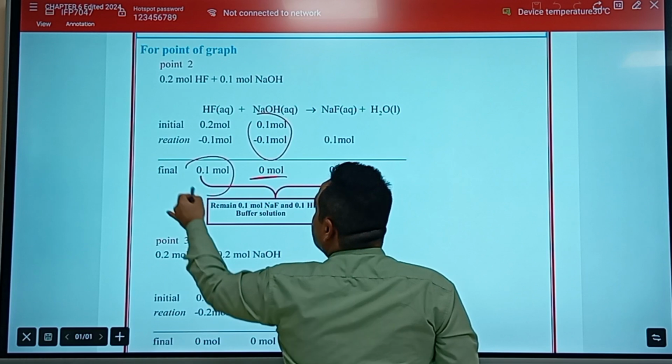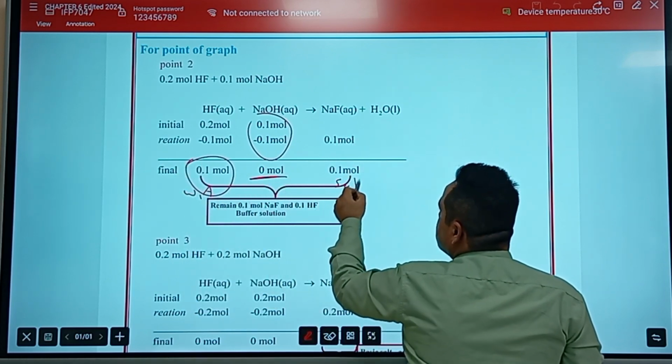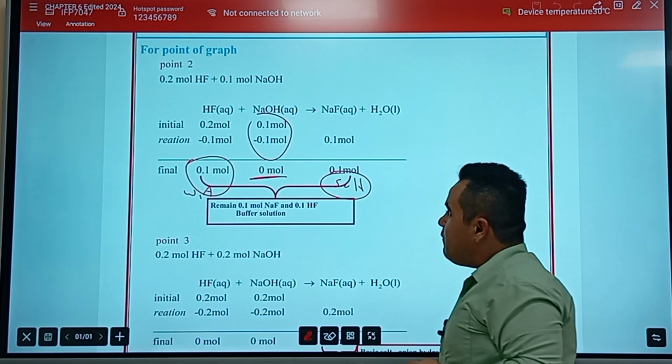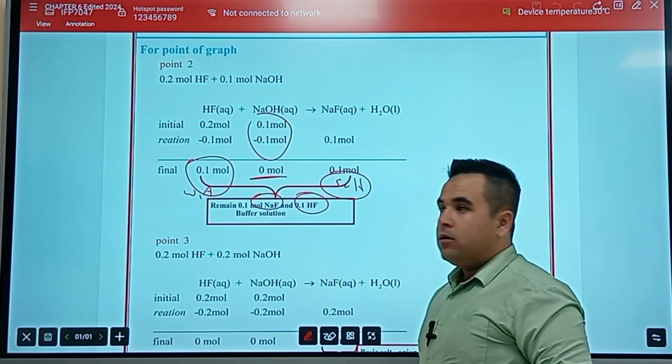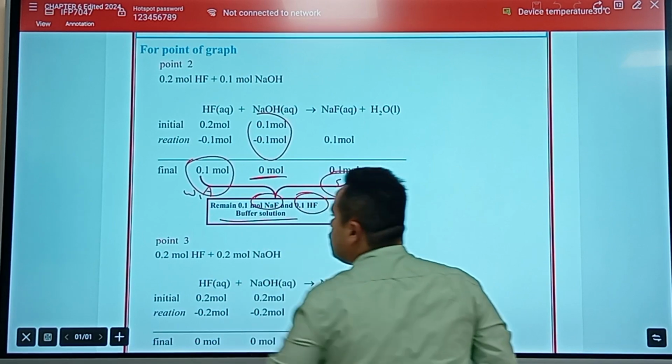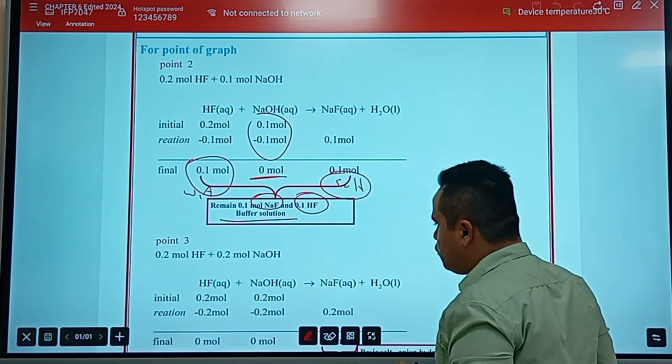But an amount of the weak acid remains with an amount of the salt. And as you know, whenever we have a weak acid with its salt, they will form a buffer solution. This is the second type of buffer solution that I told you.